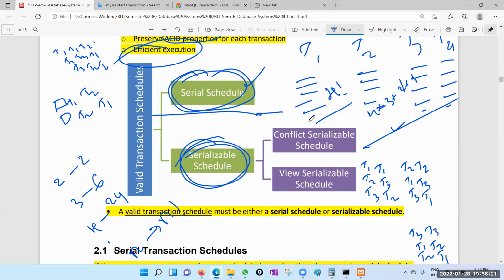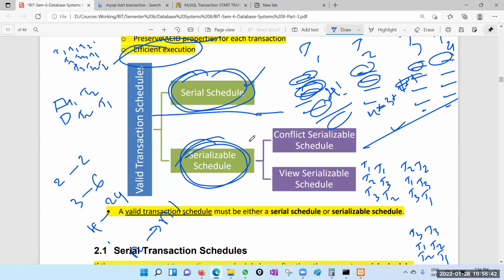The idea is we can mix those things. We do this and this and this and maybe this and this and then this. Likewise, you mix it. But when you are mixing, we can't just randomly mix it.